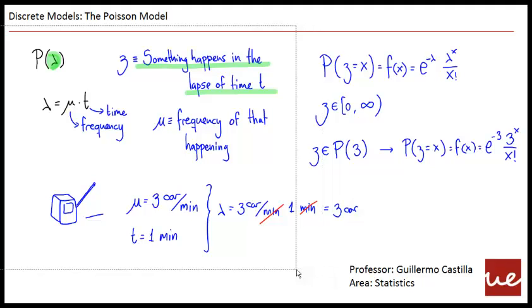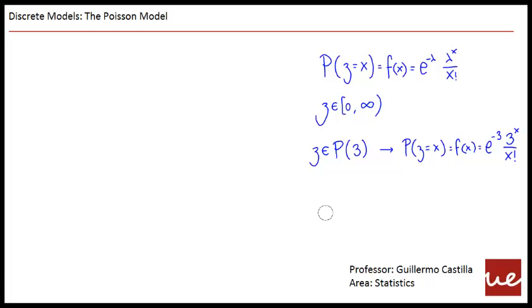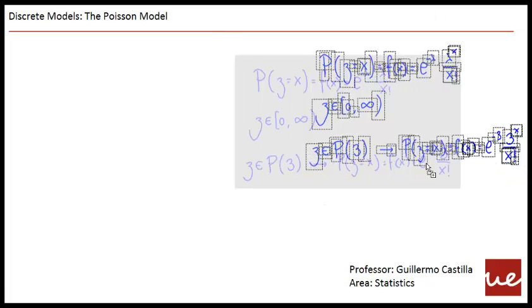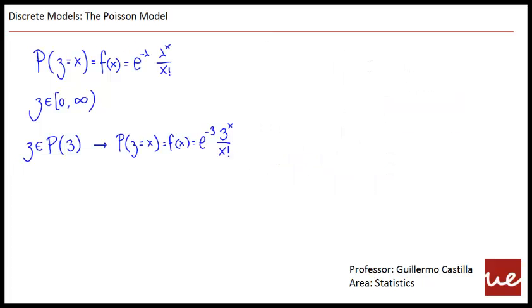So let's try to use this model we're talking about. Let's say that chi belongs to a Poisson of 3, and the probability then of chi being x in this case is f of x, which is e to the power of minus 3 times 3 to the power of x over x factorial. Okay? So what does this describe?